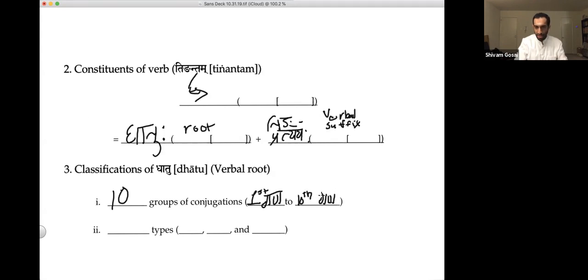Notice I'm writing the word gana. Gana means a group. We're not singing anything. Groups: first group to 10th group. And there are 3 types of dhatus: P, A, and U.